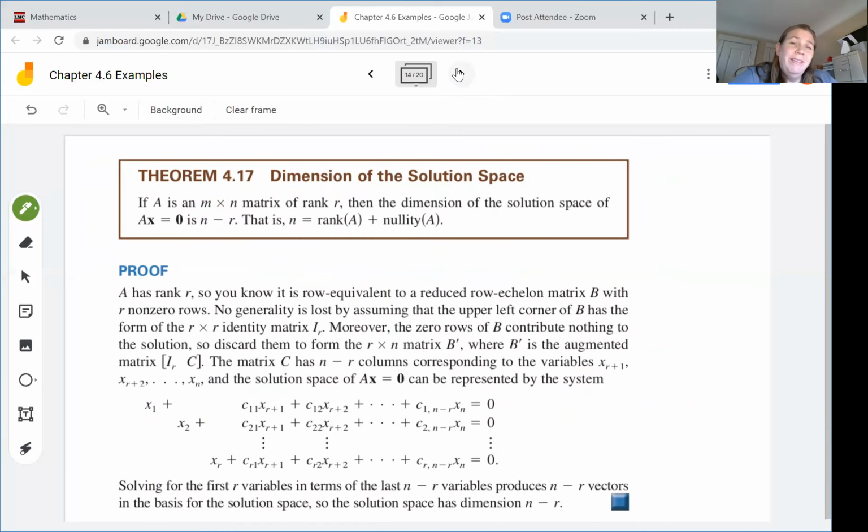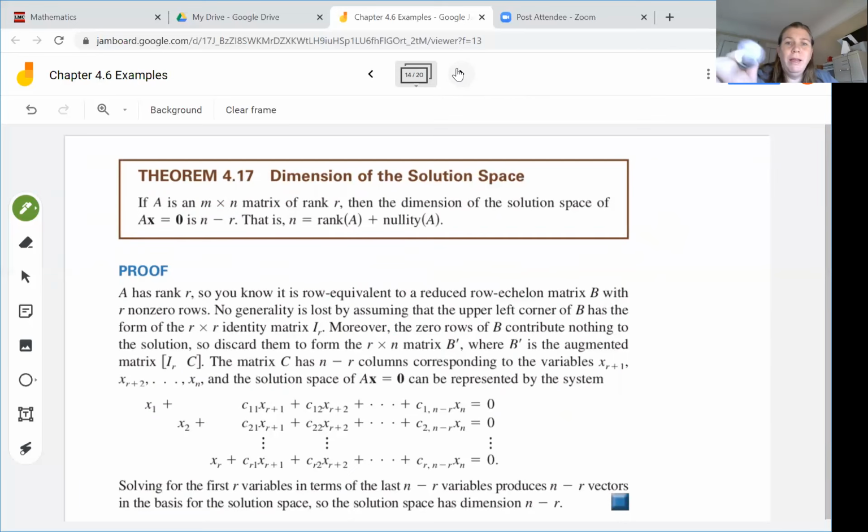So Theorem 4.17 is about the dimension of the solution space. If A is an m by n matrix of rank r, then the dimension of the solution space of Ax equals 0 is n minus r. The n, remember, is the dimension and r is the rank. So the difference between the dimension and the rank is the dimension of the solution space.